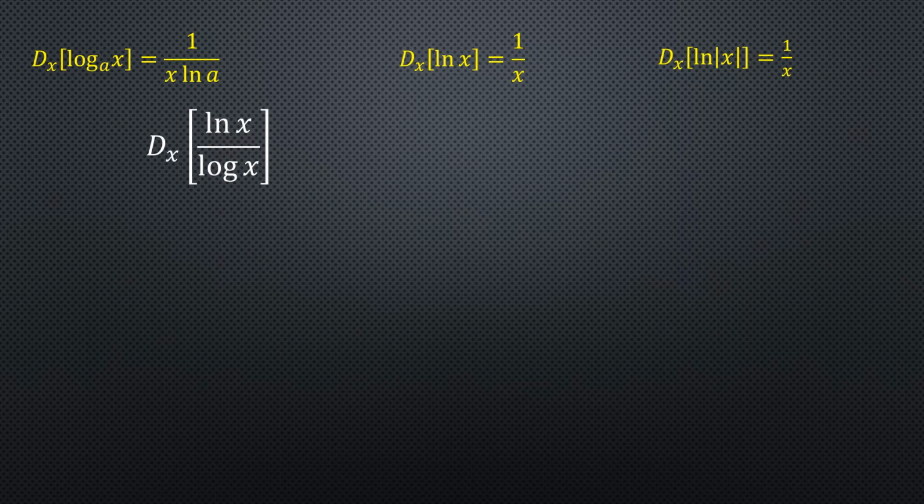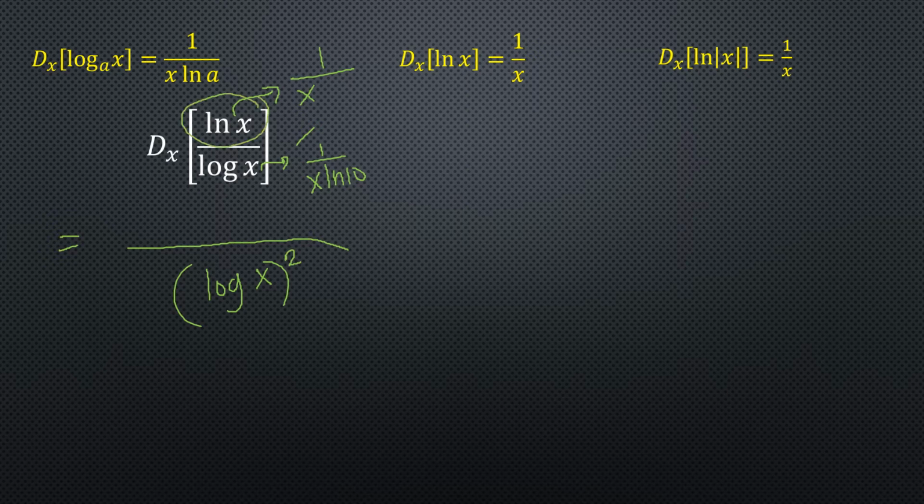On the next example, that is the derivative of ln of x over logarithm of x, we make use of the quotient rule. So we first get the derivative of logarithm of x, and that is 1 over x ln of 10. The derivative of ln of x is 1 over x. Now in the rule of quotient, we are going to square the denominator.